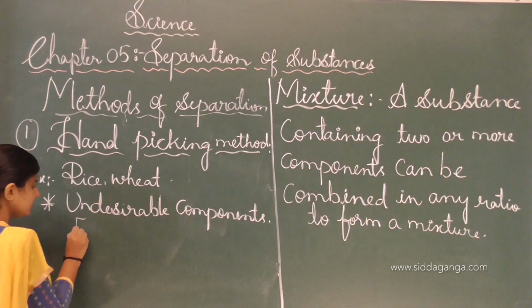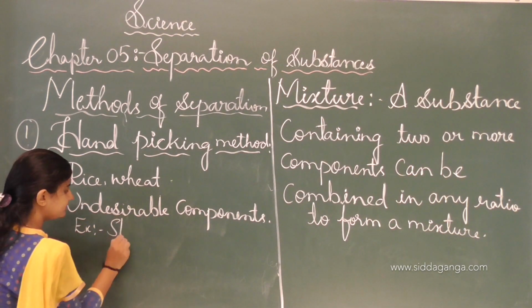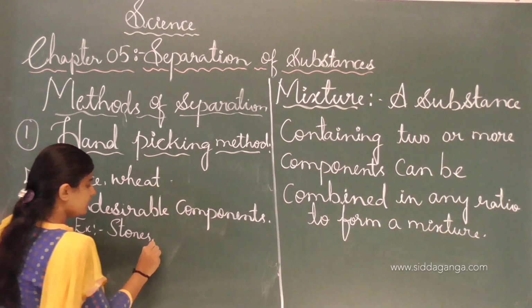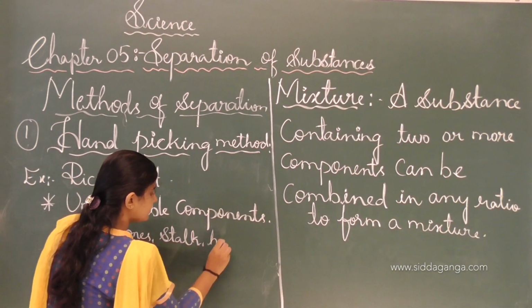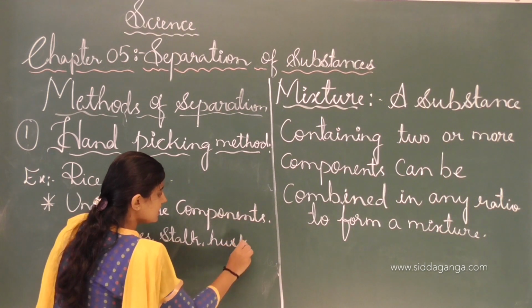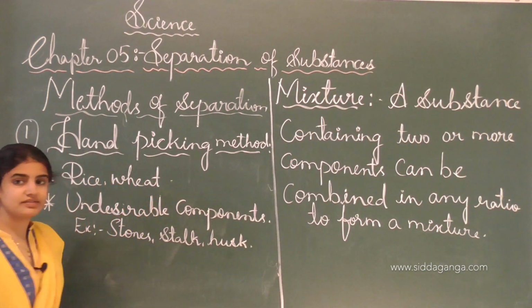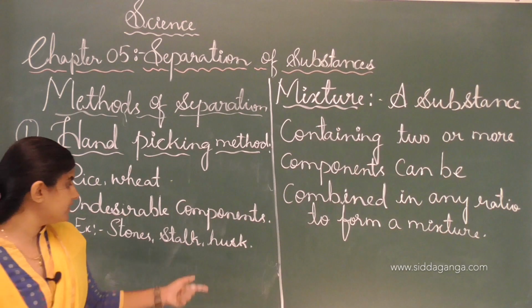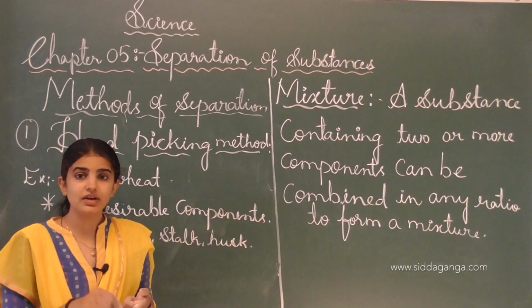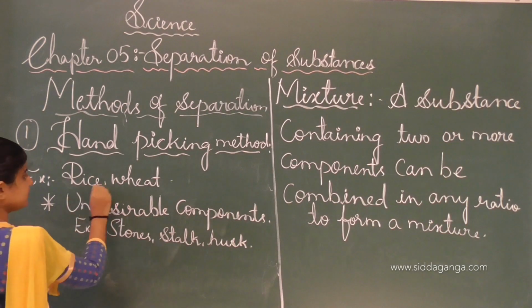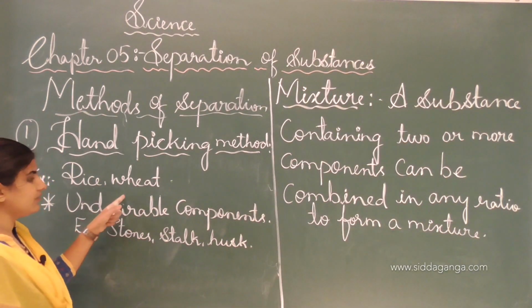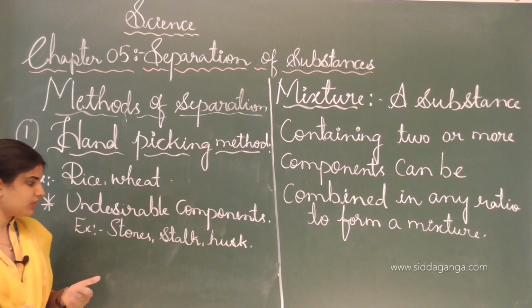For example, stones, stalk, husk. Husk and stalk and other things are present in the rice items or the mixture which contains rice as well as wheat.